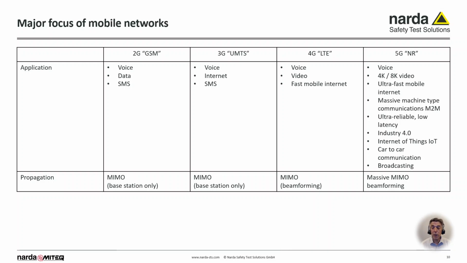Also during that time, now at the end of LTE, there are the first 4G installations which have MIMO, massive MIMO beamforming antennas on board. You can see already massive MIMO has nothing really to do with 5G. It's an independent technique of propagation.